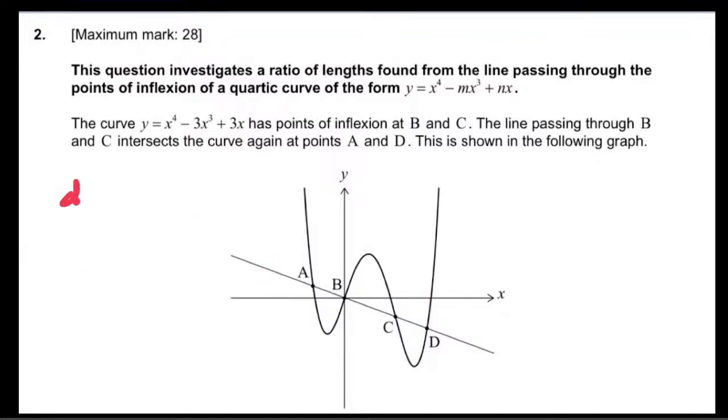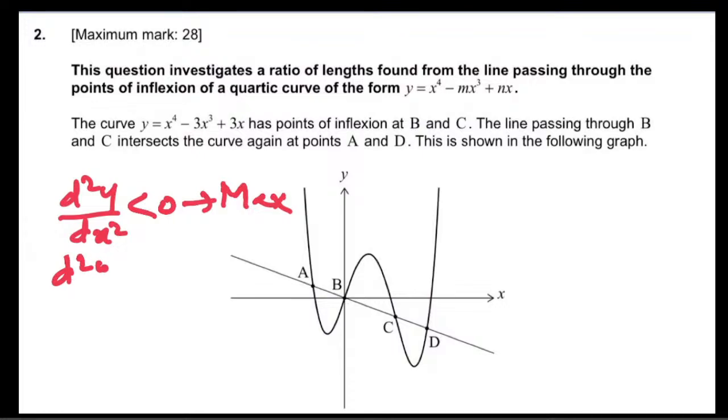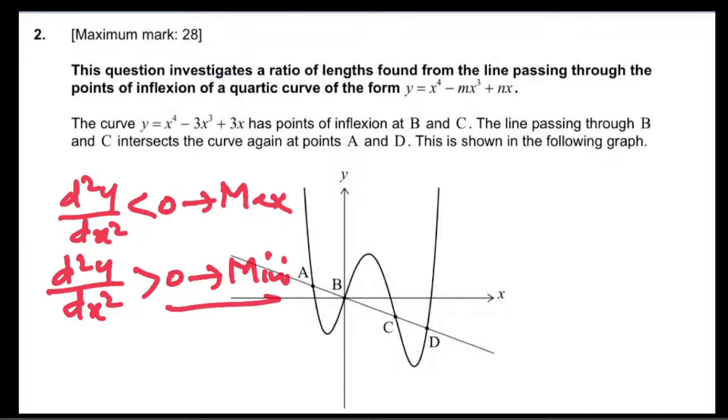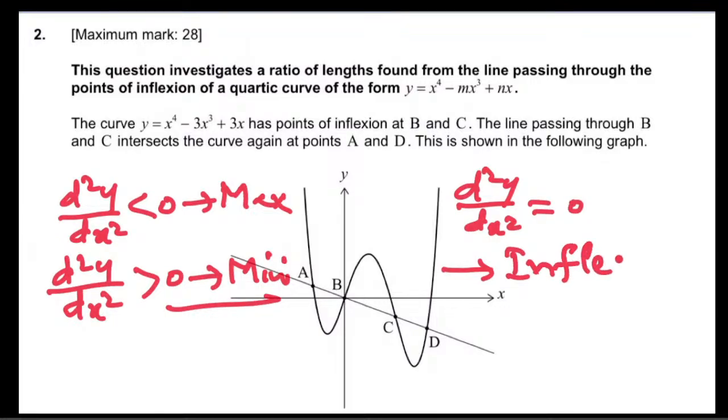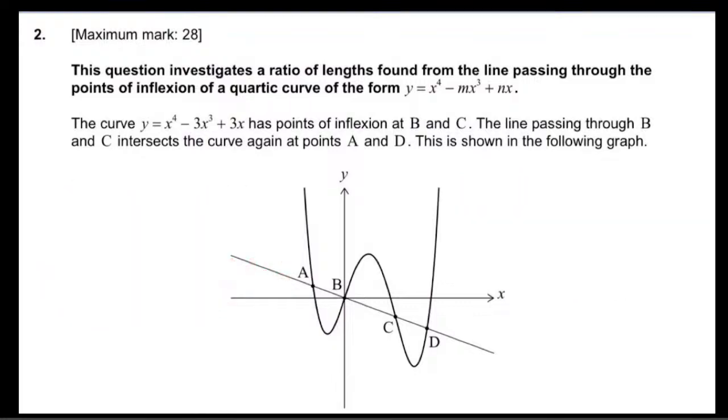But when you find d2y by dx square, and if it is less than 0, it gives you maximum point. And if d2y by dx square is greater than 0, it gives you minimum point. And in the case when d2y by dx square is equal to 0, it gives you points of inflection. Okay. So this is the thing we have to remember. We are going to use this.